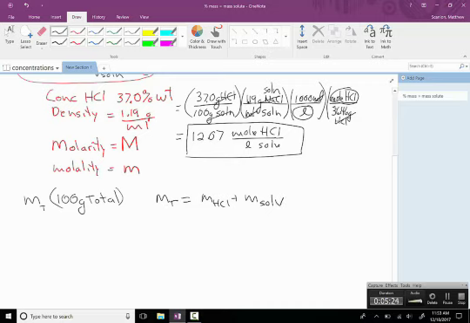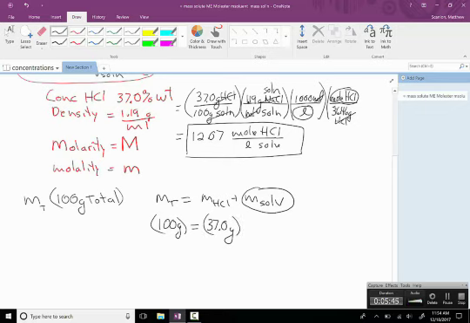And so I need to figure out what this is. The reason I need to do that is I need the mass of solvent. So if I have 100 grams total, by my definition of percentage, I then have 37.0 grams of HCl.